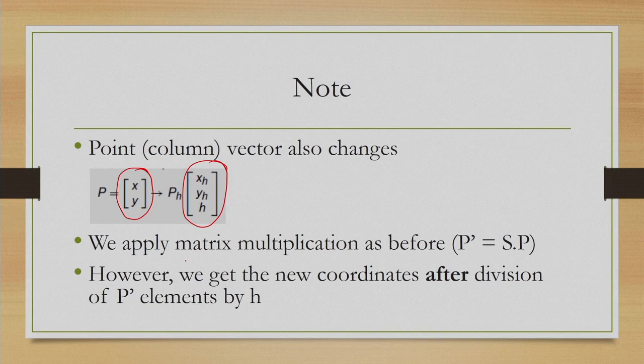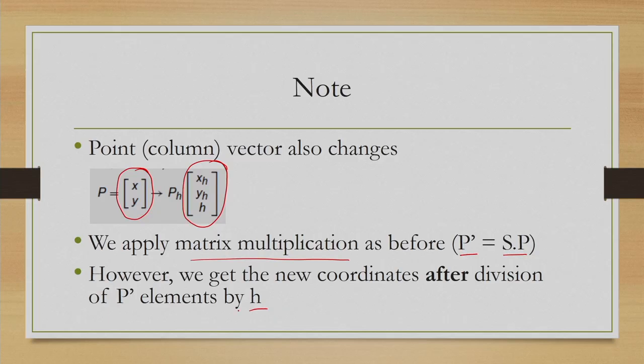So, first we apply the matrix multiplication as before to get the new point, that is P dash equal to SP, but after this what we need to do is divide whatever we got in P dash, the x and y values, by H to get the original value.